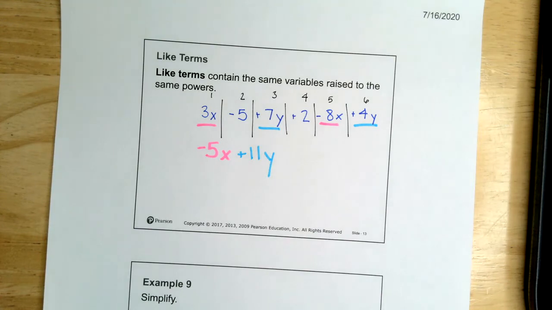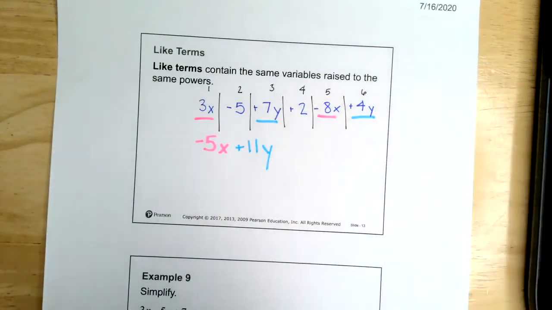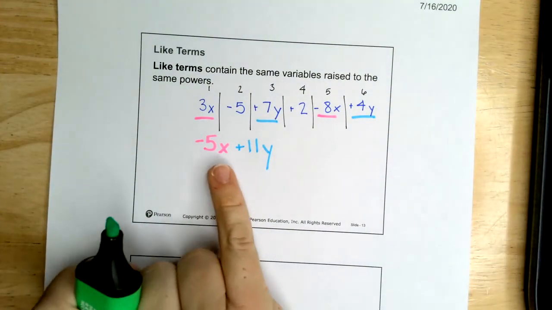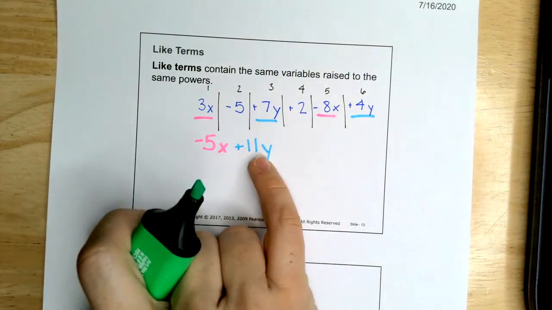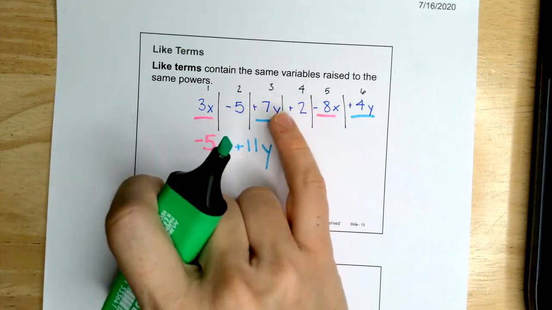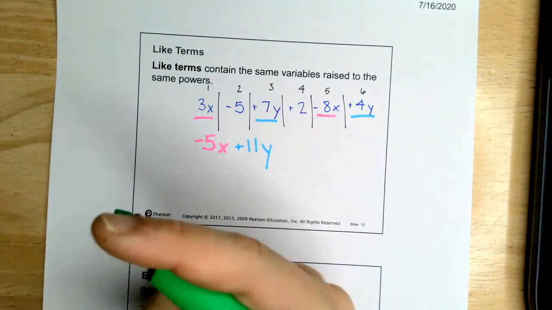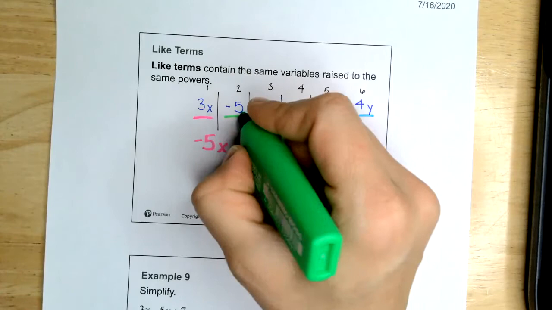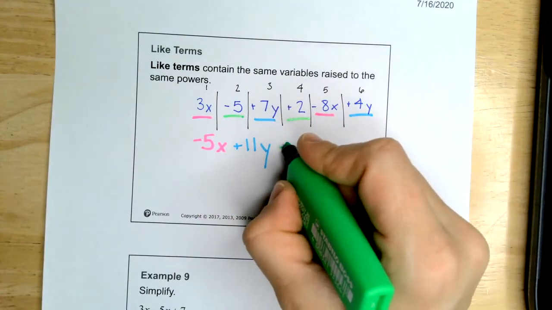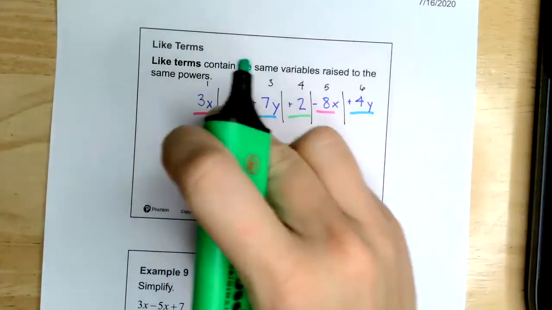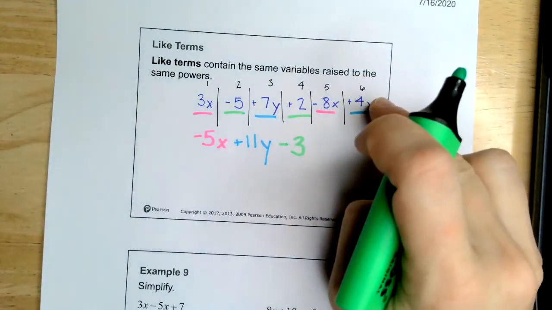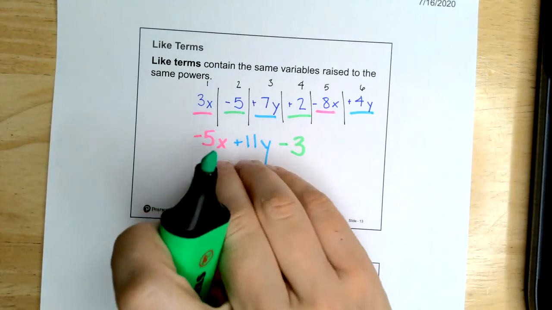We tend to write in the order of highest power to lowest power. So this is x to the first, y to the first, and these have no variables, so they always go at the end, and we call them constants. Negative 5 and plus 2 is a negative 3. So if I took this polynomial of 6 terms and combined the like terms, I would end up with 3 terms.